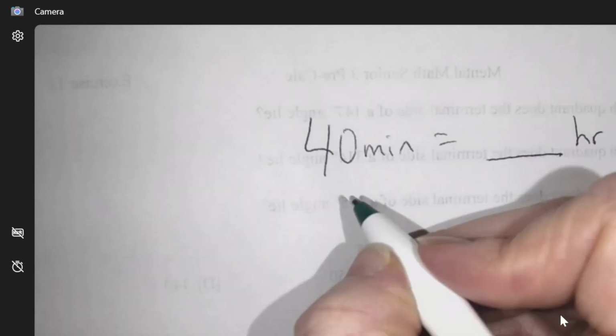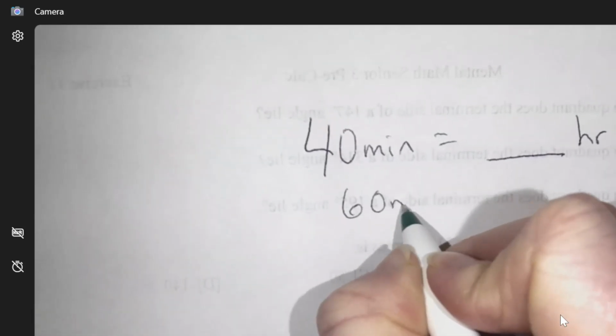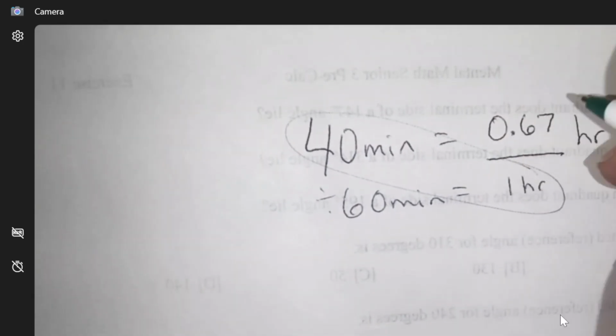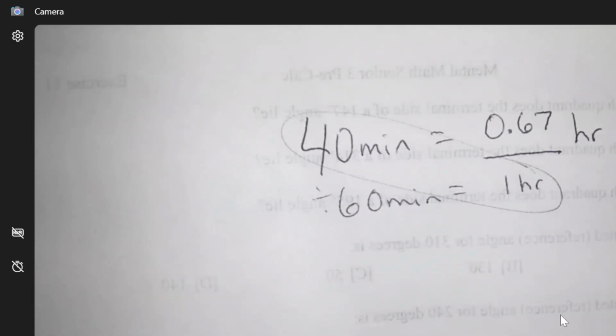It's not 0.4 of an hour. That's not what it is. So what should you do instead? 60 minutes is equivalent to 1 hour. So if you had to do a decimal, it'd be 0.67 of an hour, okay?